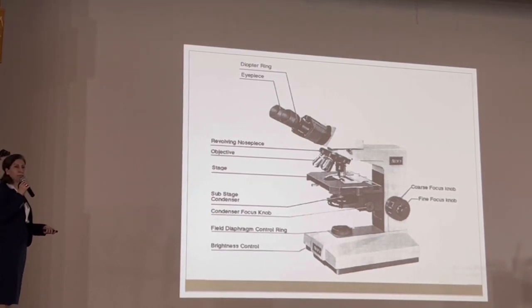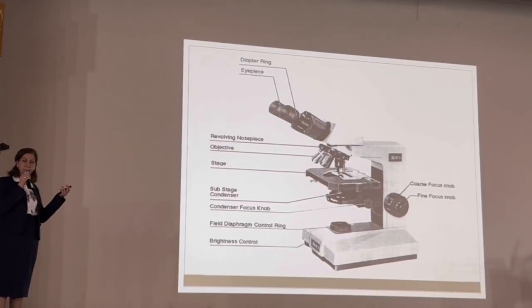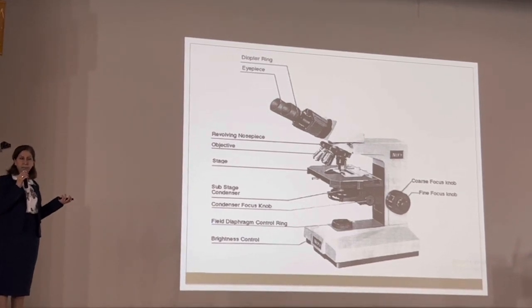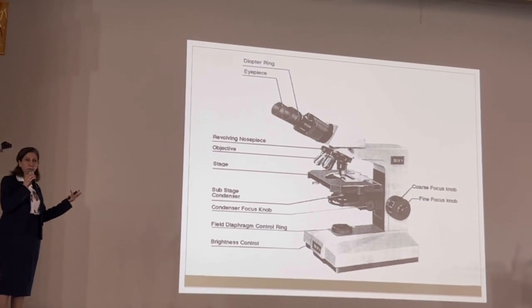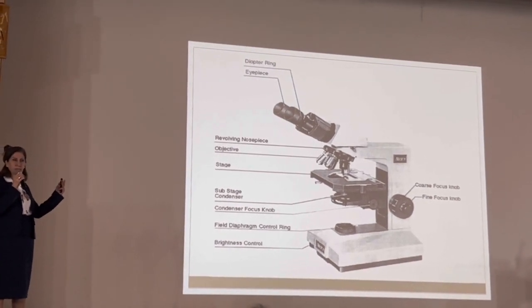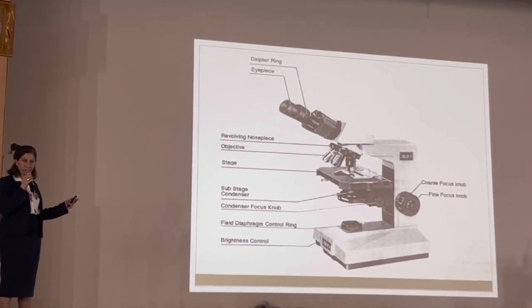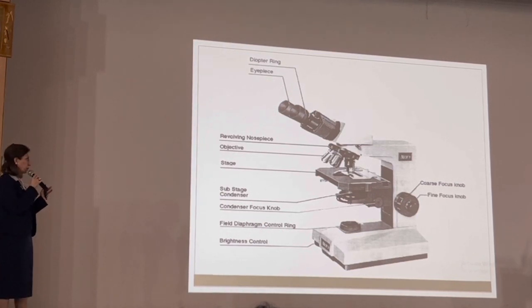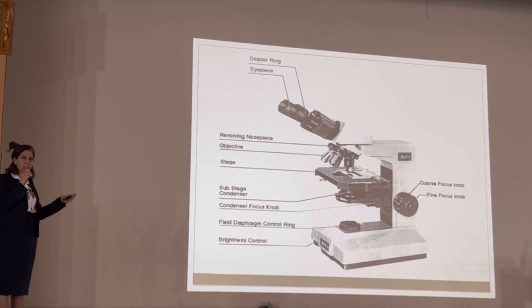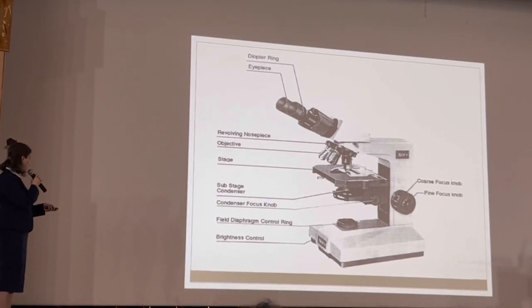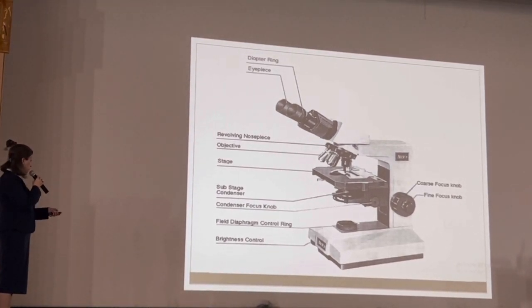The basic type of light microscope was the single lens microscope. The compound microscope has three sets of magnifying lenses, and it is actually the conventional microscope. So the compound and the conventional are the same. And these are different parts.